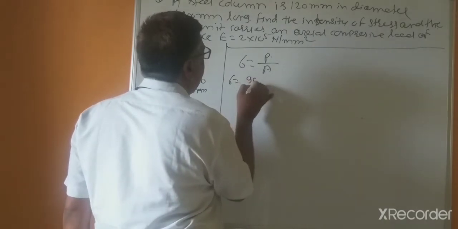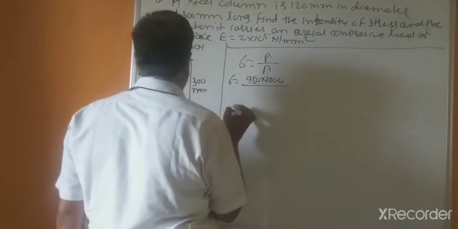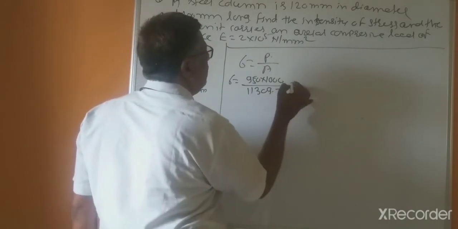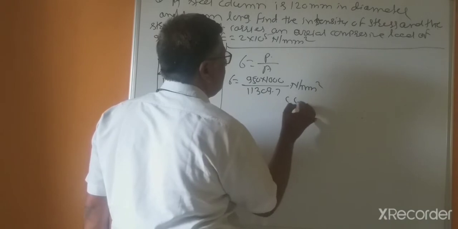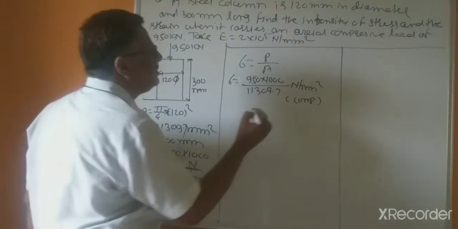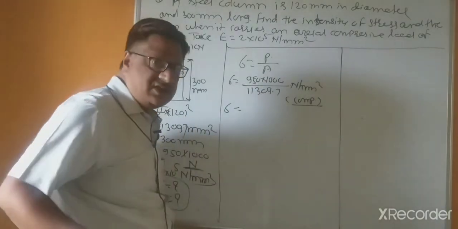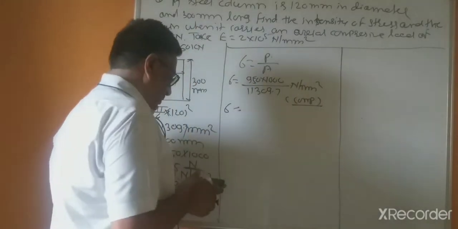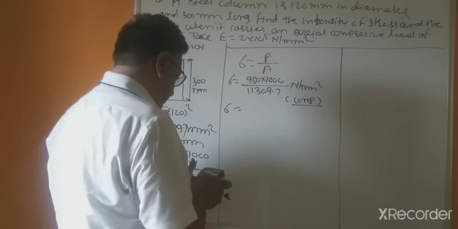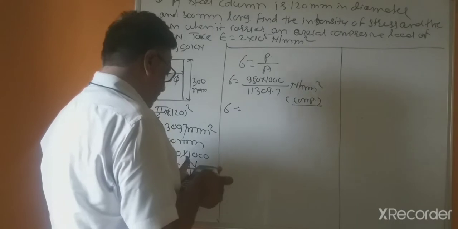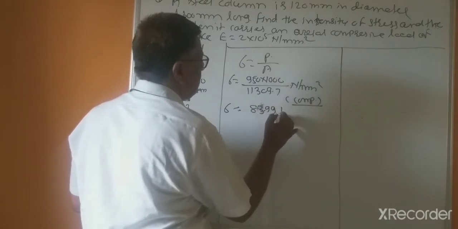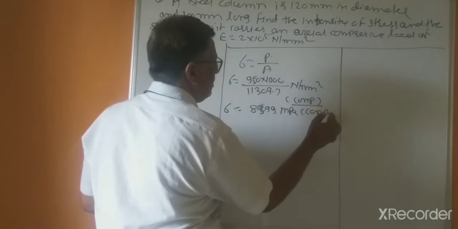This is 950 multiplied by 1000 divided by the area of cross section 11309.7, and the unit is Newton per mm squared. This stress is compressive, so in brackets we write compressive, otherwise the sign is considered negative. This comes to 83.99 megapascals compressive.